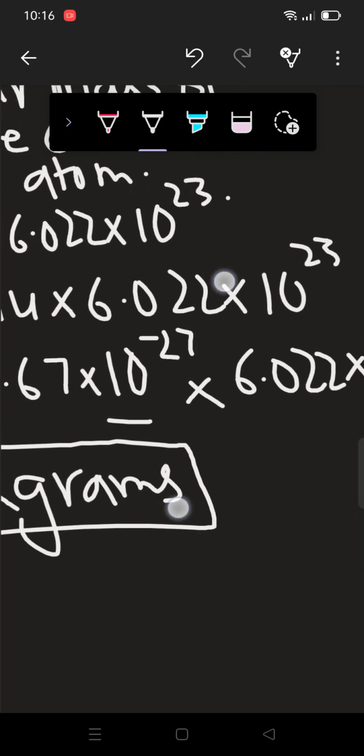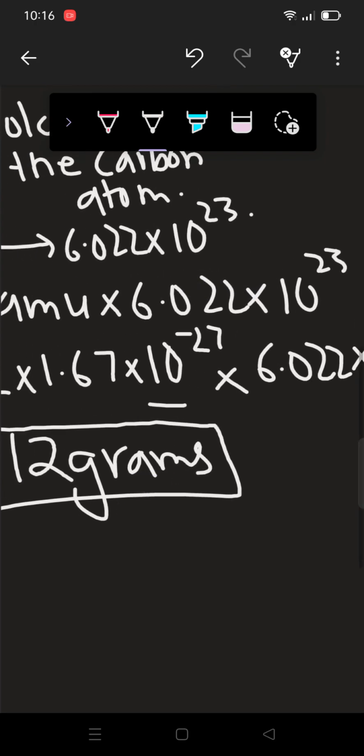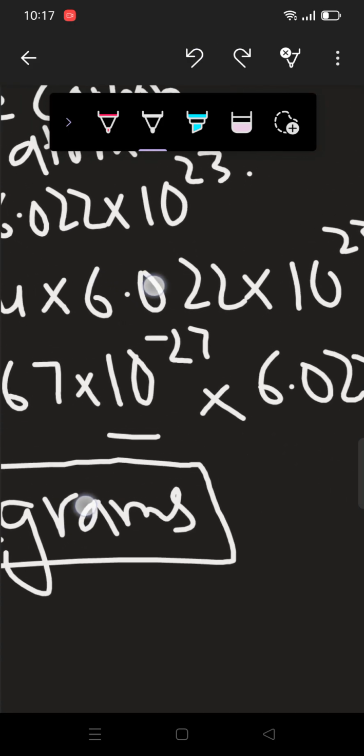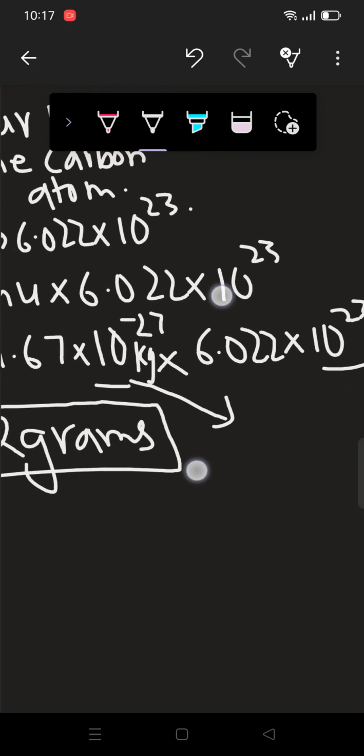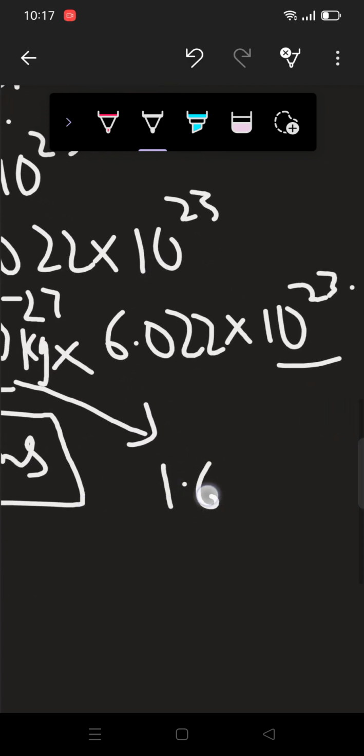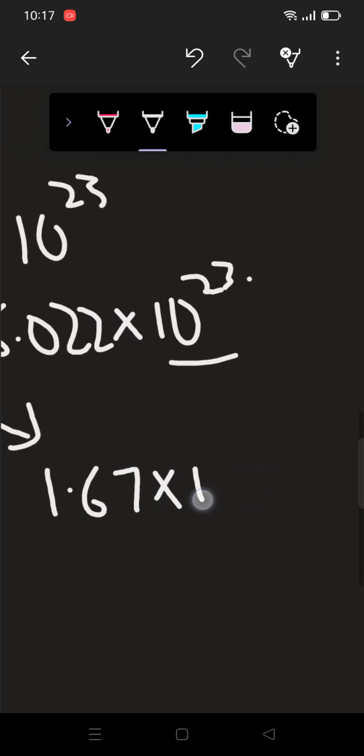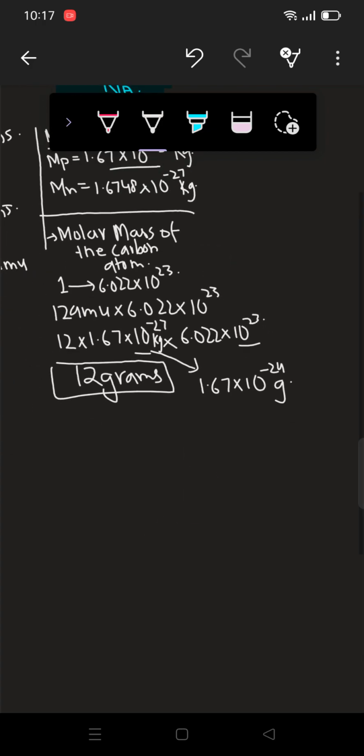Basically here we have 1.67 into 10 to the power minus 27, which is in kilograms. When you convert this kilogram into gram, you get 1.67 into 10 to the power minus 24 gram, and then you can resolve it.